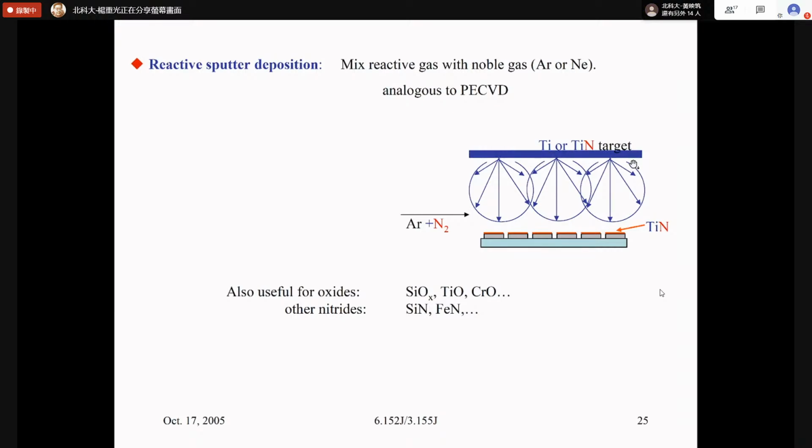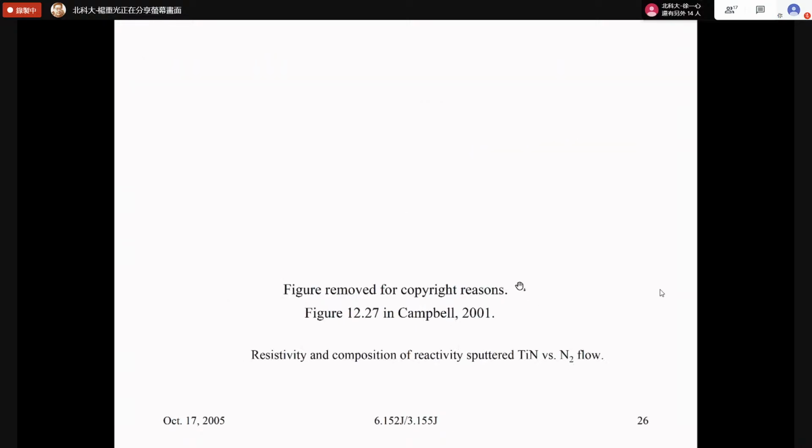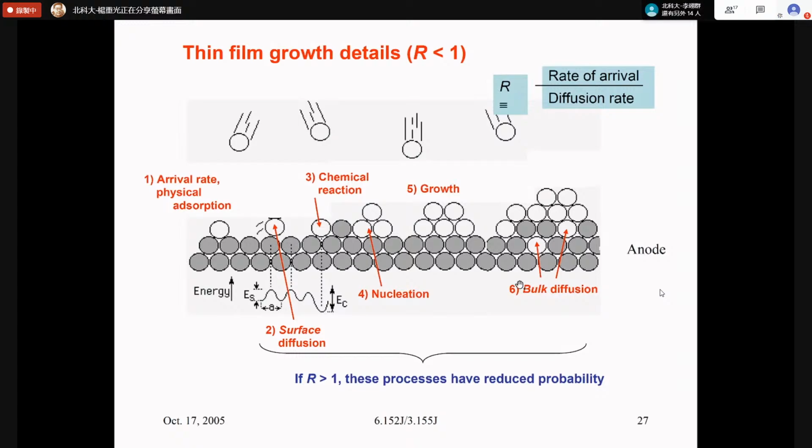Okay, titanium as a target, and in addition to argon, we apply nitrogen. So with the nitrogen, we generate titanium nitride. Okay, so similarly, you can use silicon nitride or ferrite nitride, and with oxygen, you can make silicon oxide, titanium oxide, chromium oxide.